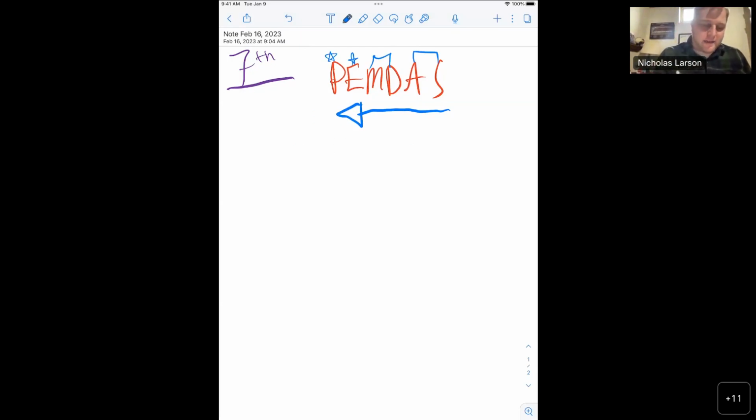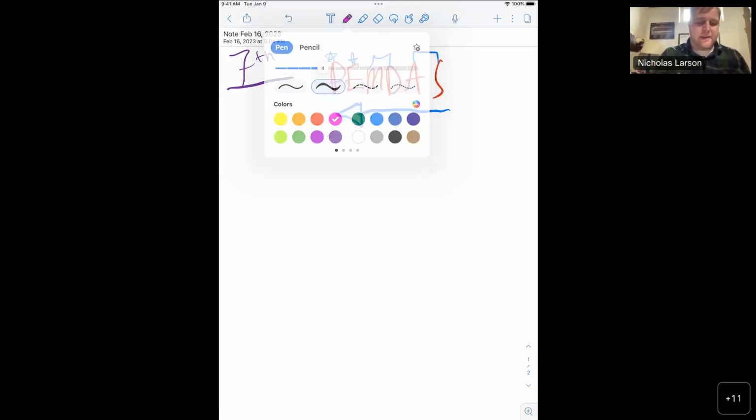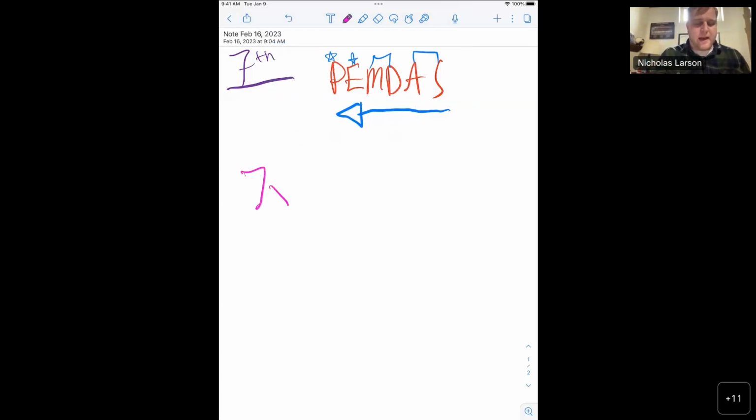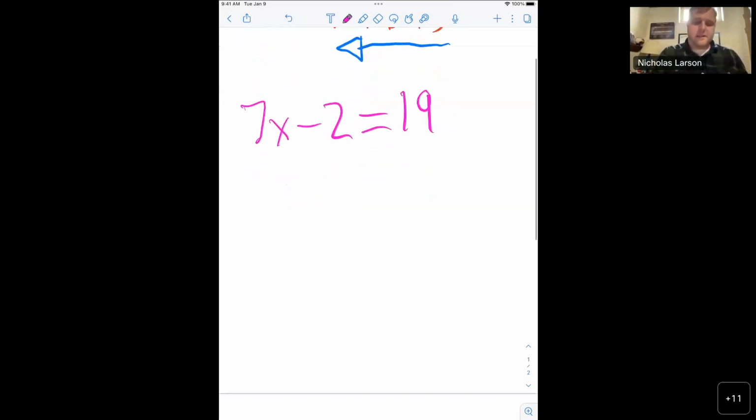If I take the equation, let us say 7x minus 2 equals 19. Earlier this year, we practiced one-step equations, where our goal is to separate the left side from the right side.